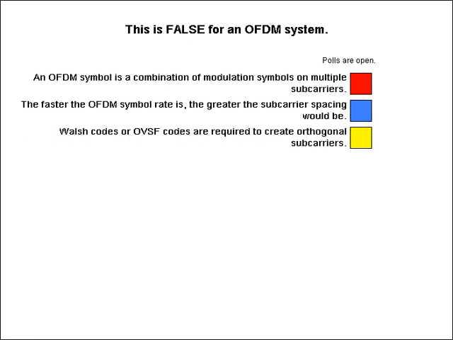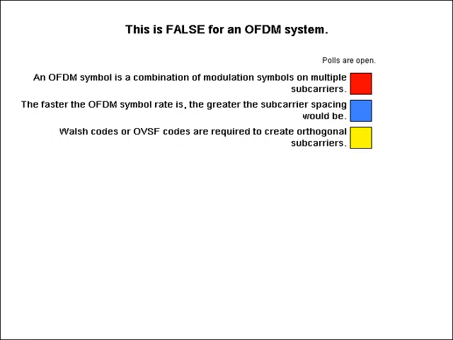And this is very simple, but let me reiterate. Faster the symbol rate, meaning many symbols every second. So your symbol time is now much shorter. So another way to phrase the second statement is, if the OFDM symbol time decreases, if the OFDM symbol is becoming shorter, what happens to the spacing? Does the spacing become larger or does it stay the same?